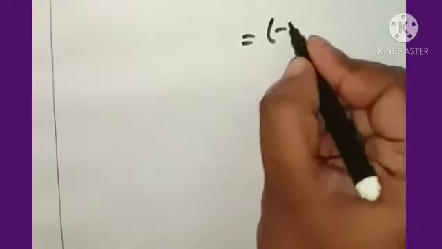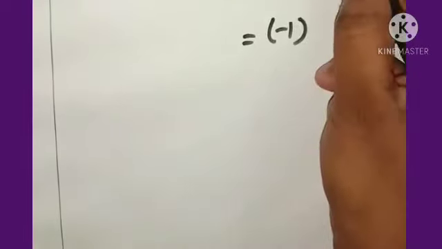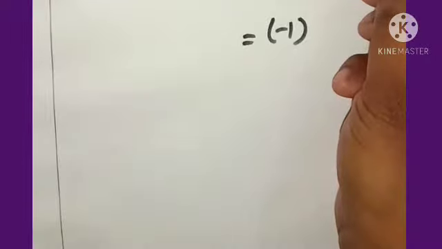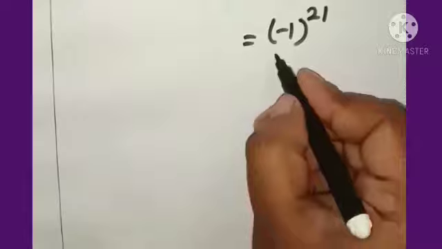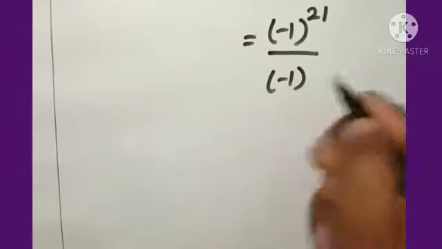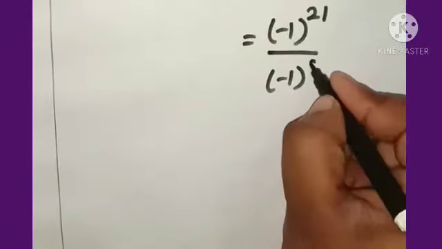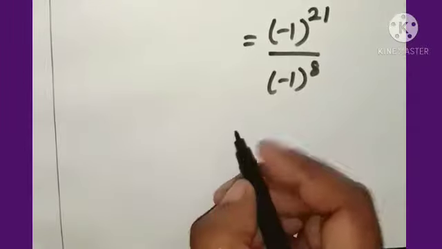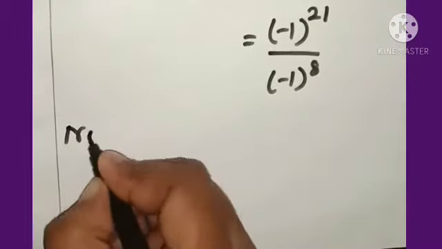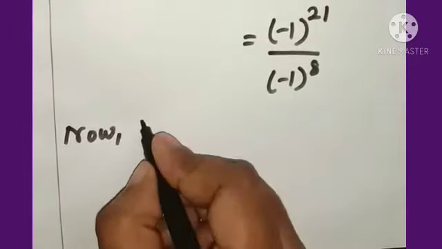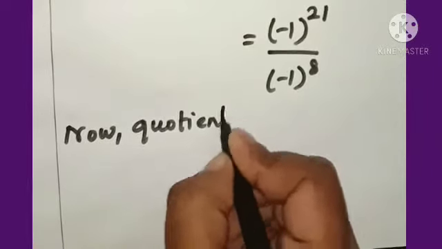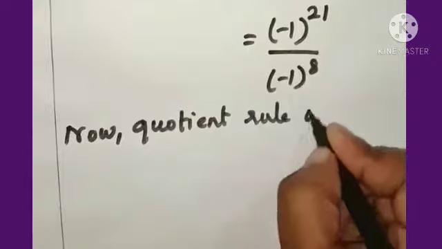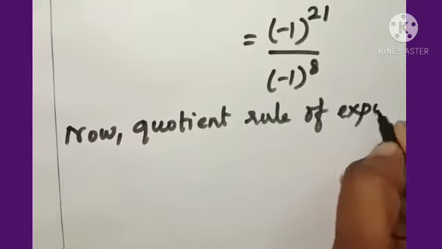Now we get minus 1 to the power of 6 plus 7 plus 8, which is 21, divided by minus 1 to the power of 8. 3 plus 5 is 8. Now we are using quotient rule of exponent.